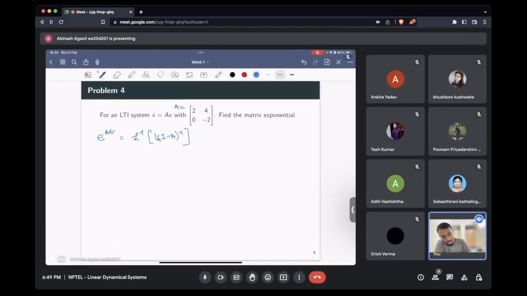Okay, then please tell me the steps. Let's first write down SI minus A. What is this matrix? If you don't mind, can you just unmute yourself and tell the answer? S minus 2, minus 4. Right.